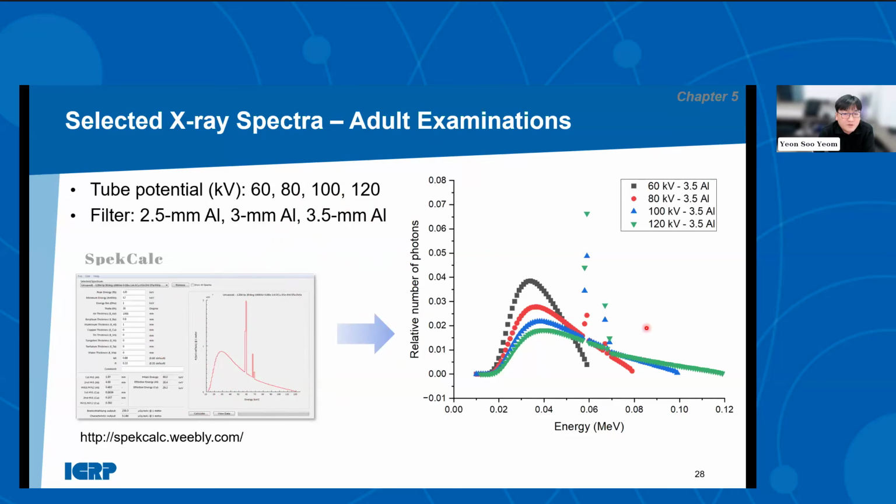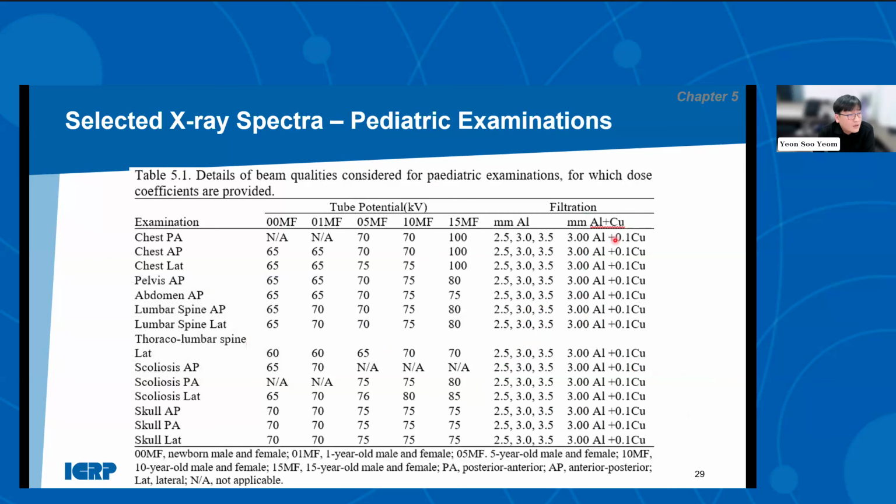This is an example of the X-ray spectra obtained from the program for 4 tube potentials with a 3.5 millimeter thick aluminum filter. And for pediatric examinations, please see Table 5.1. You can see the selected X-ray spectra depending on the age and the examination. These spectra were again obtained from the SPEKTR program.